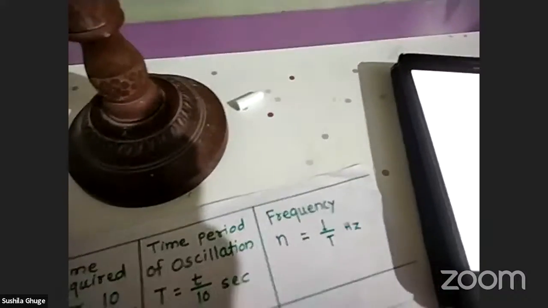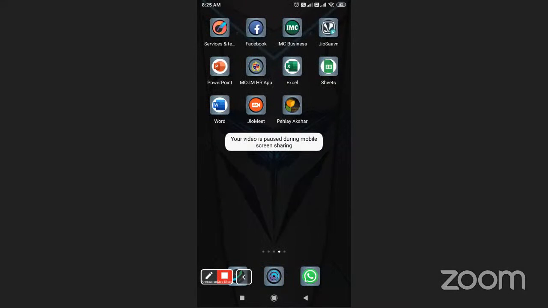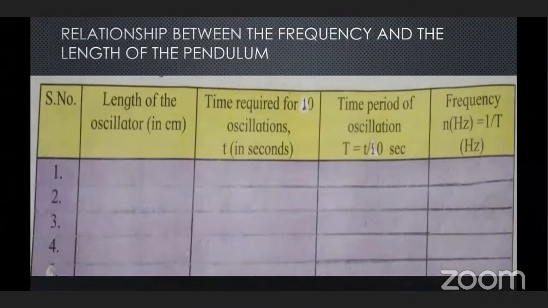Back to my screen sharing again. Okay, can you see this chart? Now we took 3 observations.